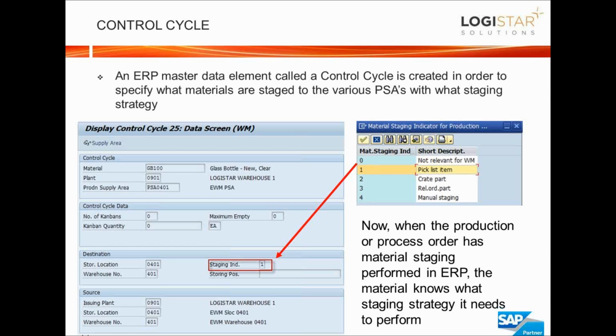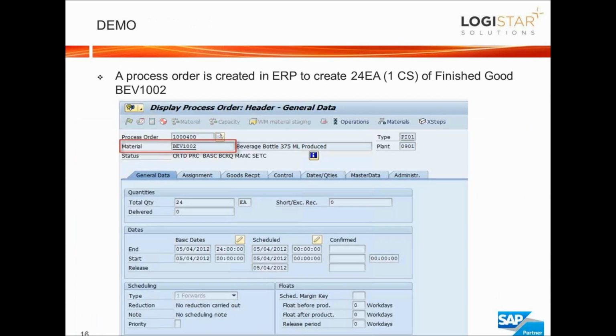I may have a completely different material that I want to do release order parts for. So you have the option in here to set, by material, what kind of staging option you want. This way, once the material is released in production from the PPPI module, it understands what kind of staging strategy you're going to execute because of this control cycle record.